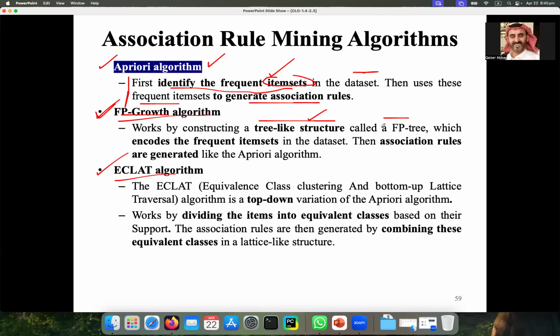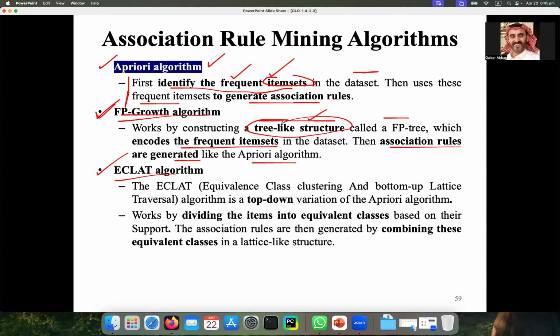And the nodes of that tree will encode the frequent item sets. So that frequent item is the same as here. The nodes will contain the items with their frequency. And then after that, we will generate the association rules like Apriori. So there is no difference except that this has a tree structure.